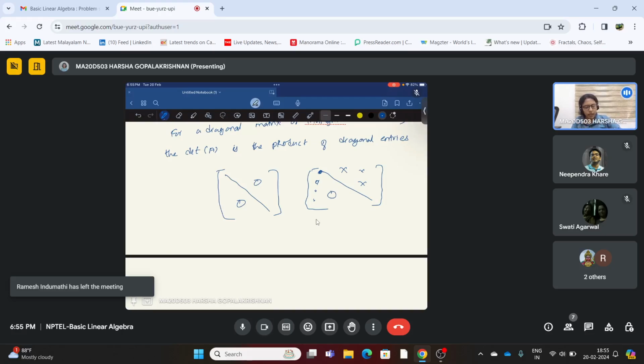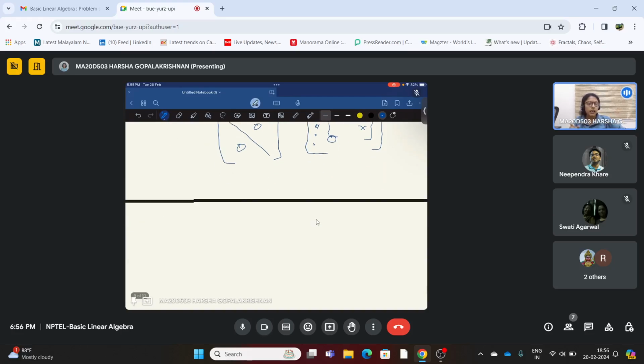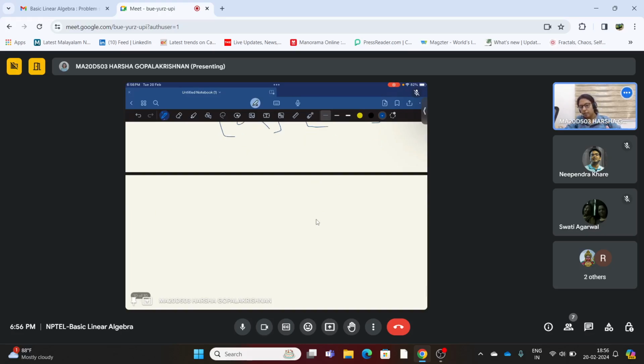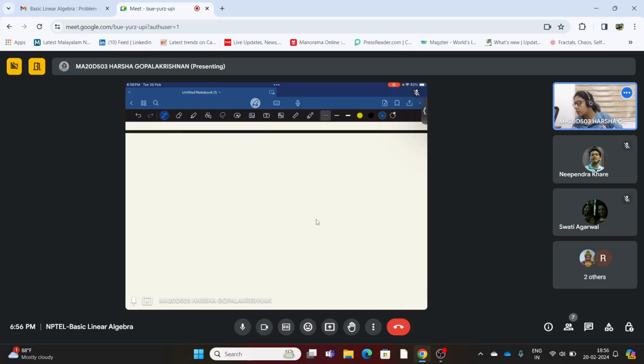In the same way, if we consider the n minus 1 by n minus 1 case, only the term corresponding to this will come. All others go to 0 because everything below the diagonal is 0. So that is why, intuitively, the determinant is the product of the diagonal entries. Okay.